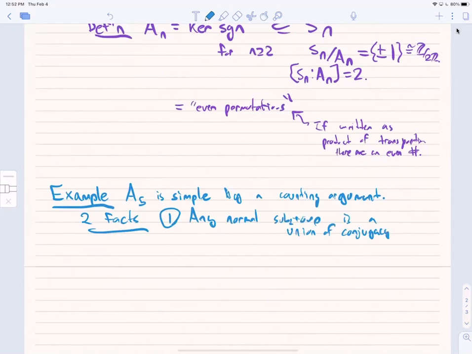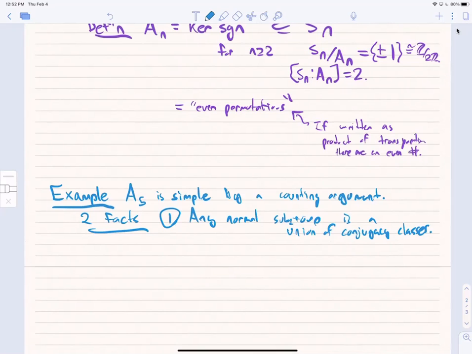Because from the simplest definition of a normal subgroup, it's preserved under conjugation by any element. That means if you start with something in your normal subgroup and you conjugate it, that's still in your normal subgroup. So the normal subgroup has to contain the whole conjugacy class.